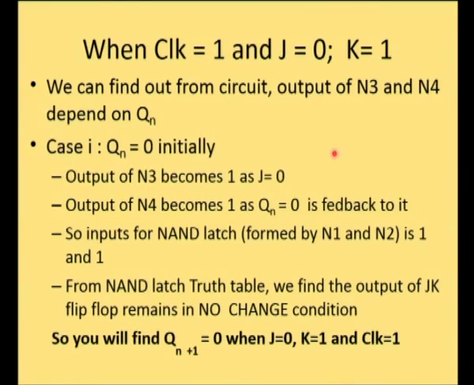The output of N3 is definitely 1 because J equal to 0, and output of N4 is definitely 1 because you have Q is equal to 0. Q is fed back to the N4, hence that also becomes 1. So, from the NAND latch what will happen? 1 1 is the input of the NAND latch, and you will find it will be in the no change condition, and hence it will remain in the same state.